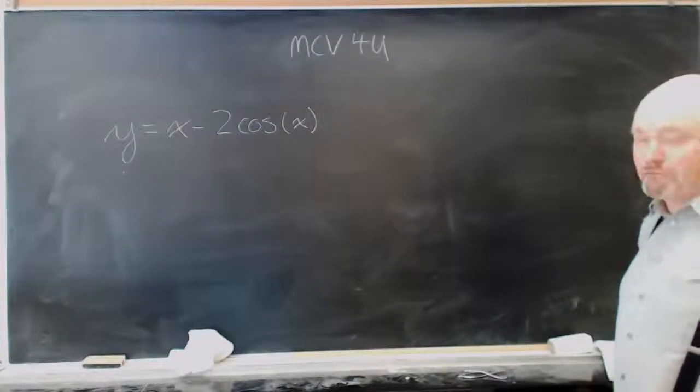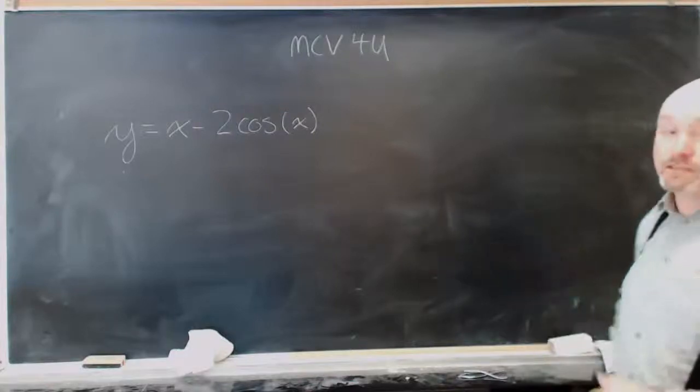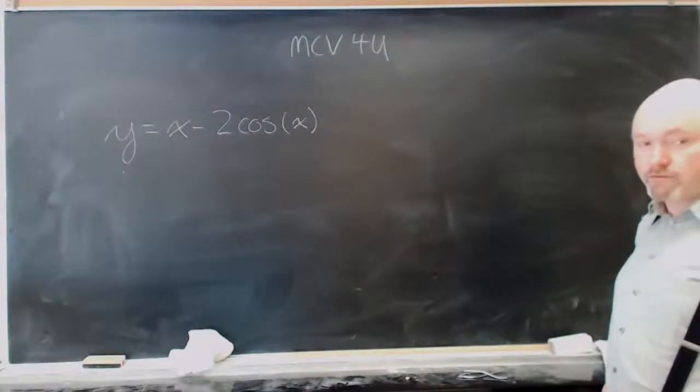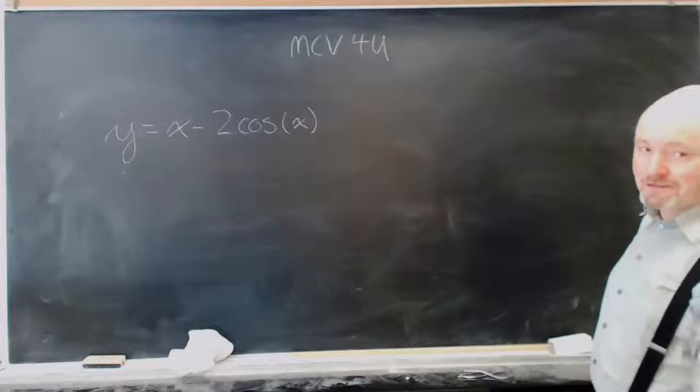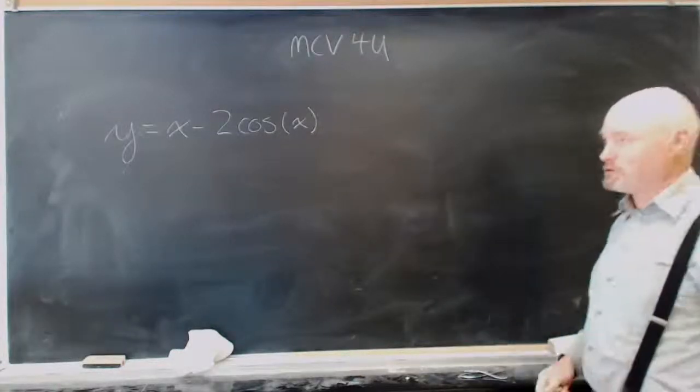So there's different genres, right? There's find the equation of the tangent. We haven't done one today. There's find the slope of the tangent, and then there's find where it's horizontal. Yeah.